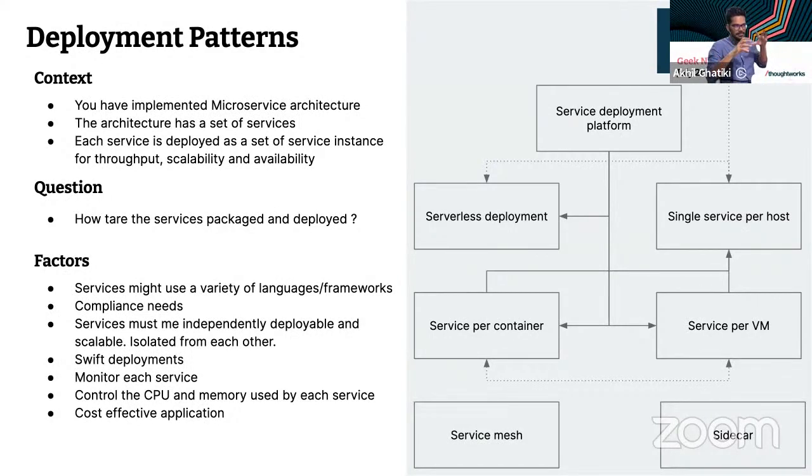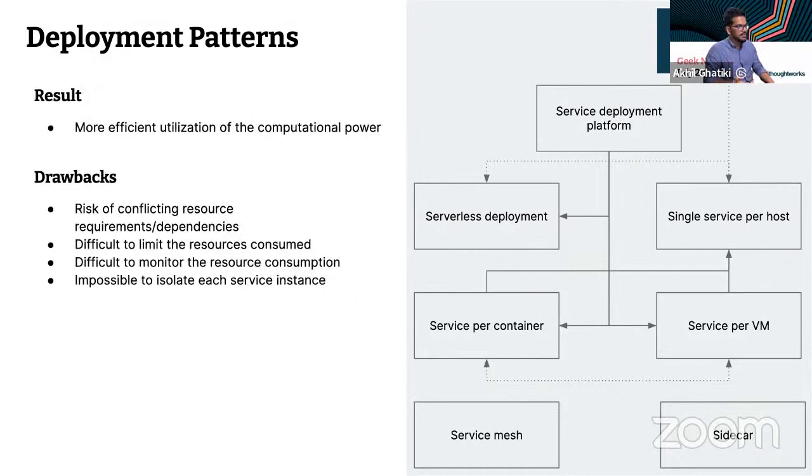The resources will be shared among hosts, but the concern that comes up is that you need to deal with a lot of compliance issues here, because if you're dealing with health related data or personally identifiable information, you have to abide by a few regulations or compliances that the state or the country will impose on you. So they might tell you to use a dedicated host. So you can't go ahead with this type of deployment pattern.